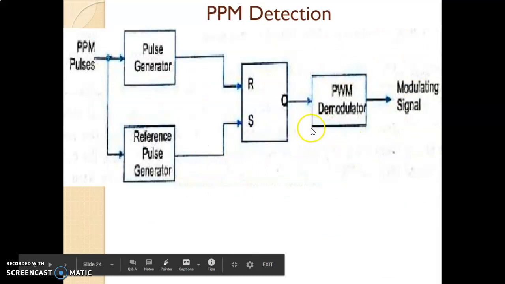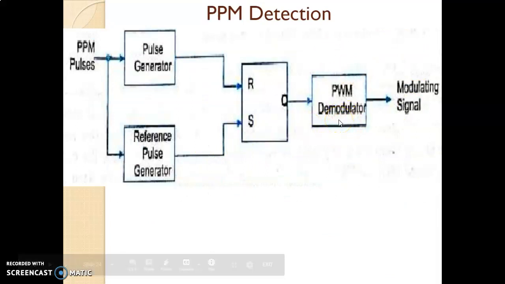Convert the PWM signal to a PAM signal, and then detect the PAM signal with the help of a low pass filter. So the steps remain the same. Convert PPM to PWM, then detect the PWM signal by the PWM demodulator, that is PWM to PAM, and then detect PAM with the help of a low pass filter.